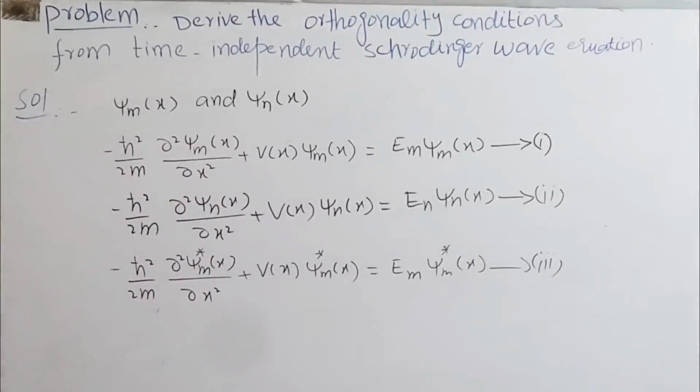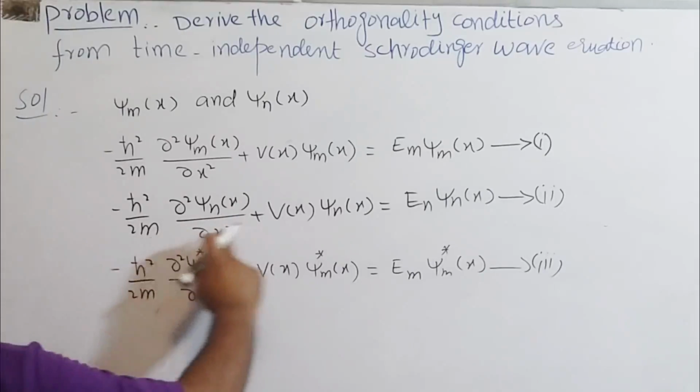Now we multiply equation 2 by psi m star and equation 3 by psi n. We are multiplying equation 2 by psi m star throughout.